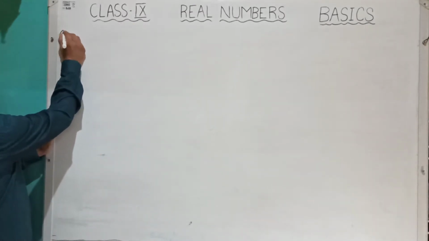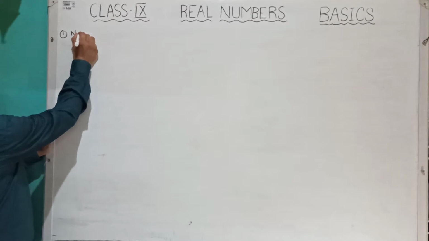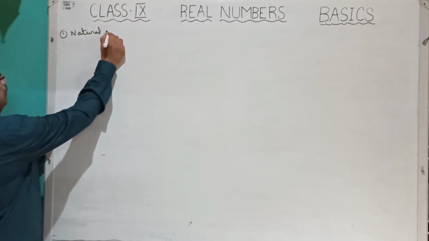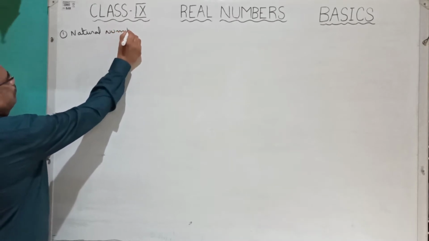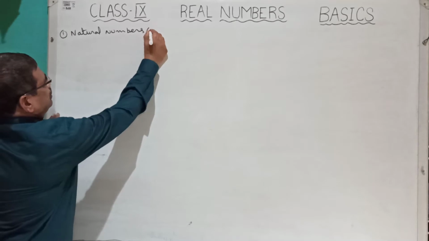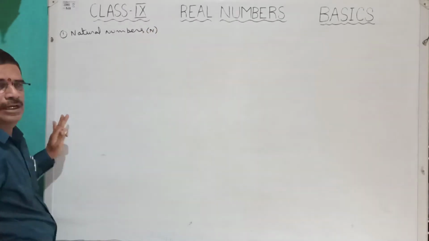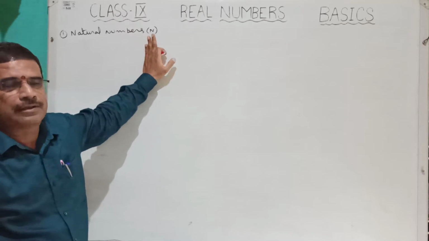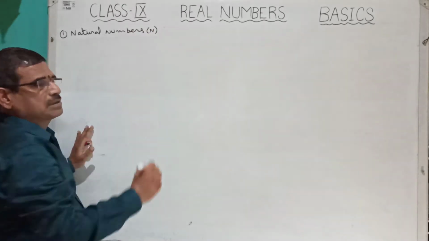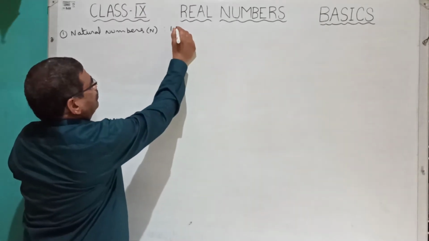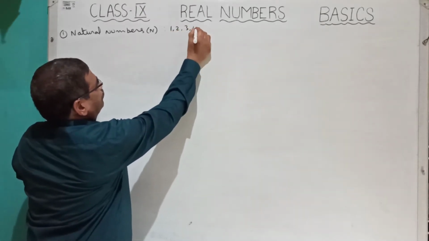Natural numbers. Natural numbers are denoted by the letter N. Natural numbers begin with 1: 1, 2, 3, 4, and so on.